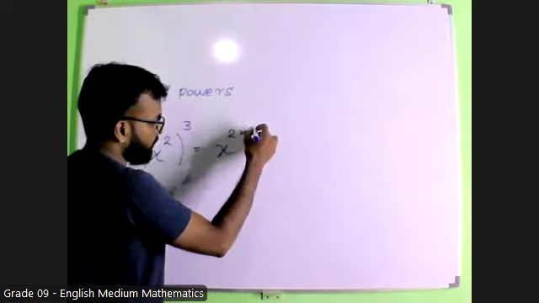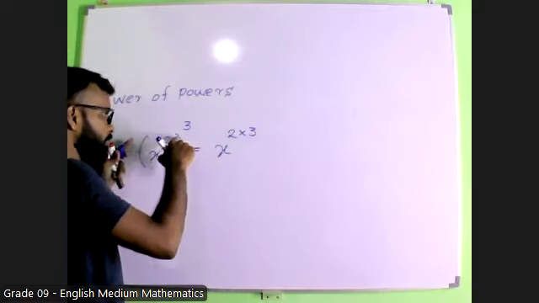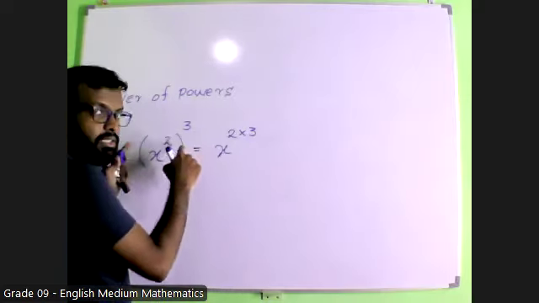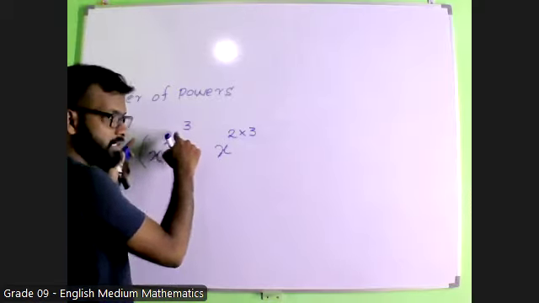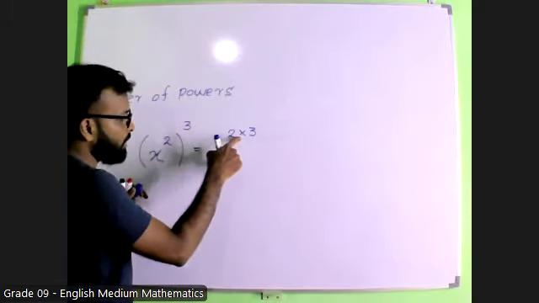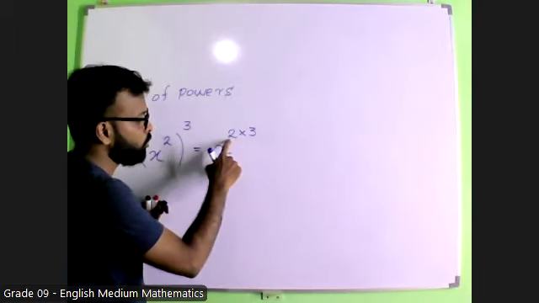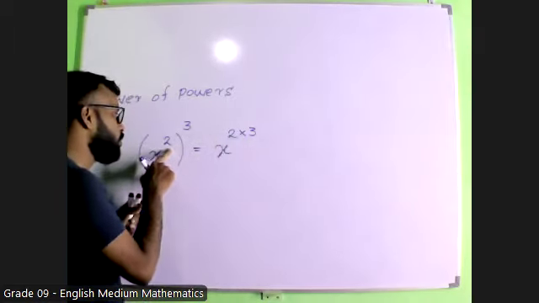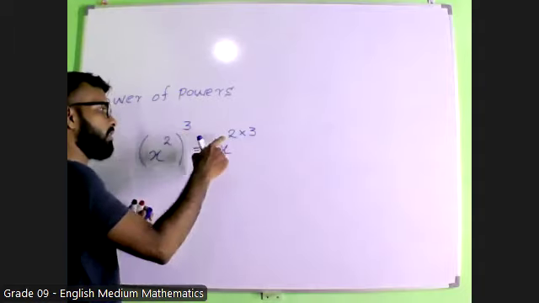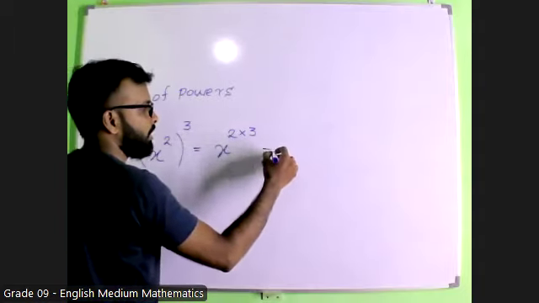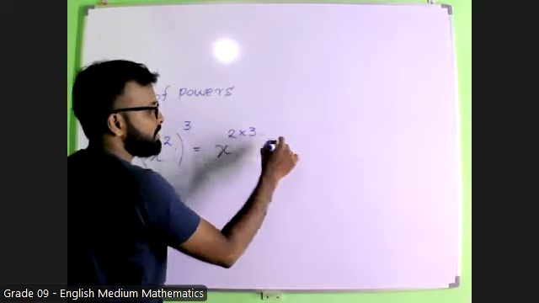The meaning of this parenthesis is that you have to multiply. 2 times 3 means 6.